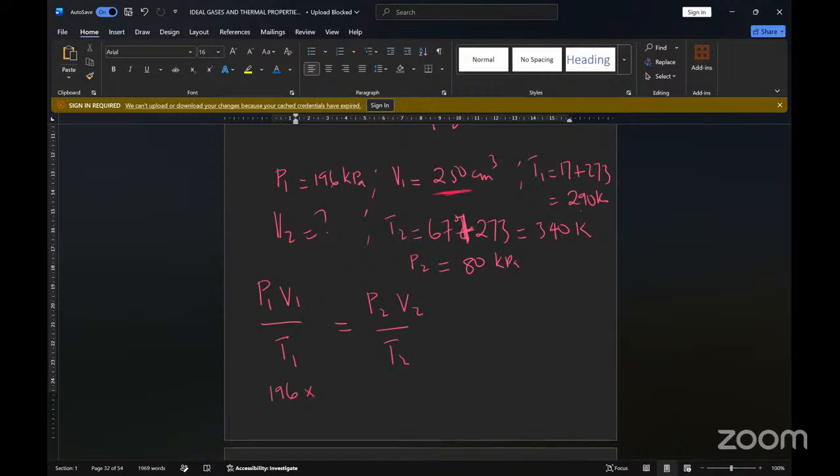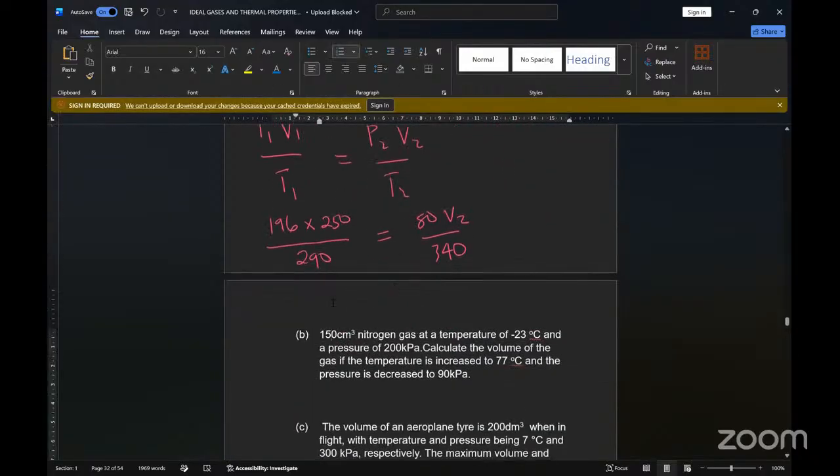I said there's no need to change it, so you put 250 divided by the temperature, here is 290. Must be equal to P2, here is 80, times V2. We don't know it, so we'll put V2 here divided by T2, which is 340.